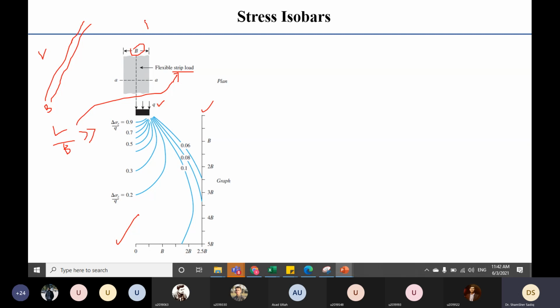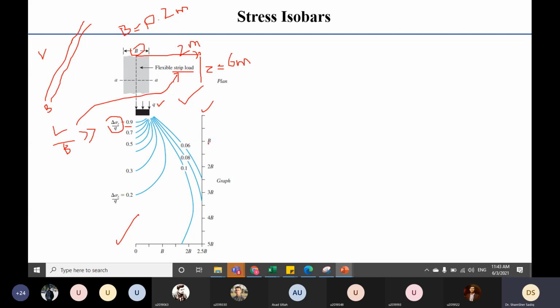Again, suppose B is the width of the strip footing, approximately 0.2 meter, and you are asked to calculate the stress at 2 meters from its center and 6 meters down, so z is 6 meters. Now this is basically how to use this graph. You read the stress contours, delta sigma z by q equal to 0.9, 0.7.